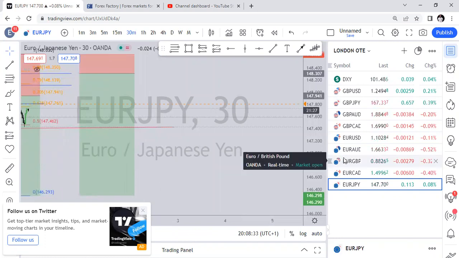Then in our last class, we looked at candlesticks, their behaviors and patterns, and how to actually use candlesticks in making decisions in the market.